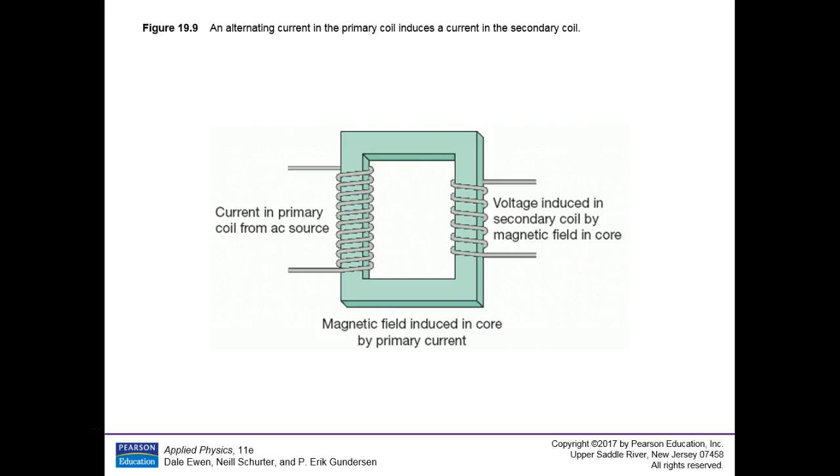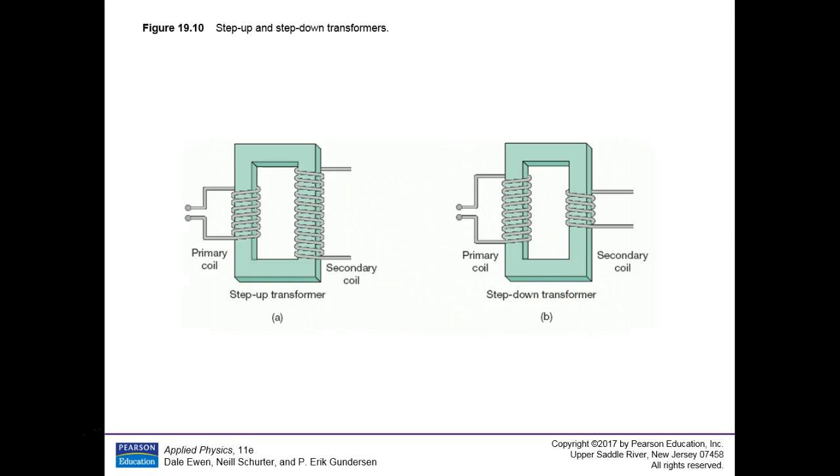So that's what we're based on. Here's another way. This is what we call a step-down transformer, just like the other one was. There's not much difference here. The magnetic field is induced by the core, by the primary circuit, then the voltage is induced in the secondary coil by the changing magnetic field in the core. So, same thing we just said, just another slide of it.